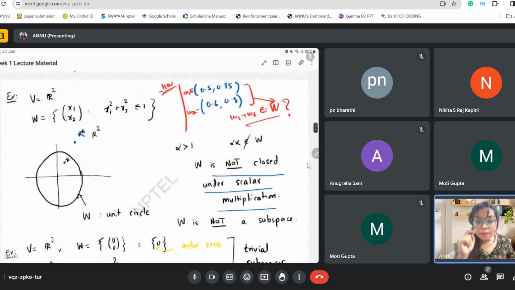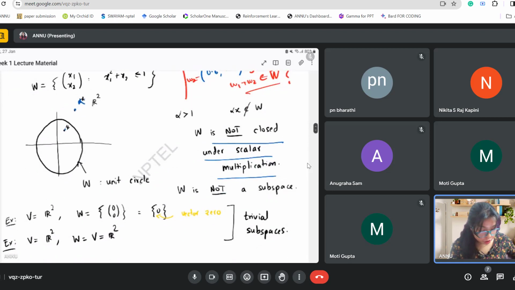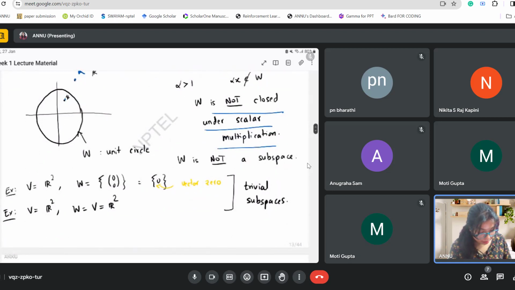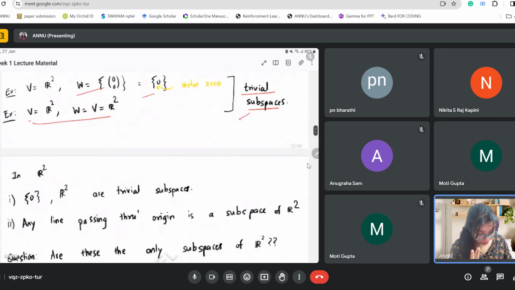I am telling this because sometimes one property is fine, but we need to check whether the other properties are followed or not. By default, the zero vector {0} is a trivial subspace. Similarly, V equal to R square is also always a trivial subspace.